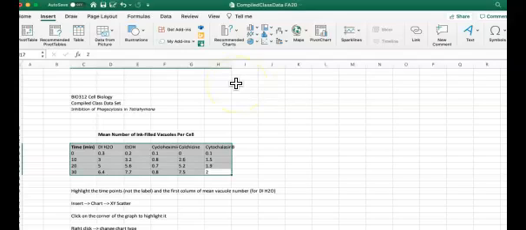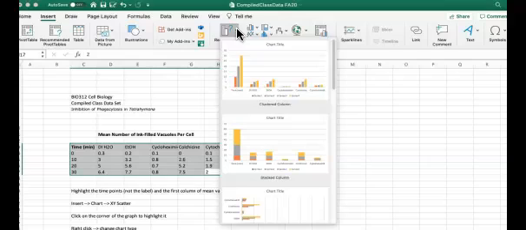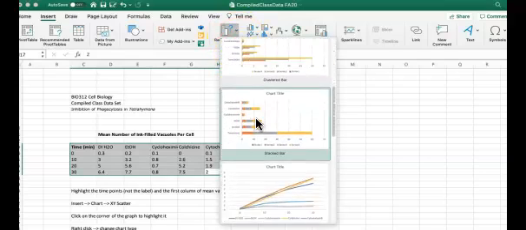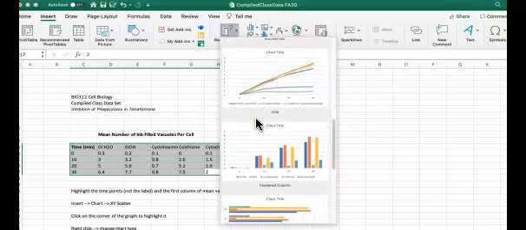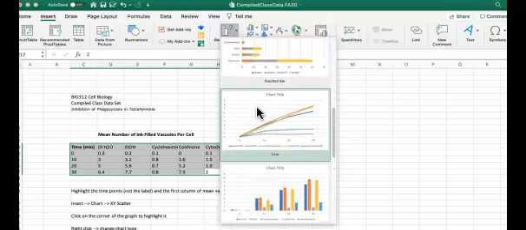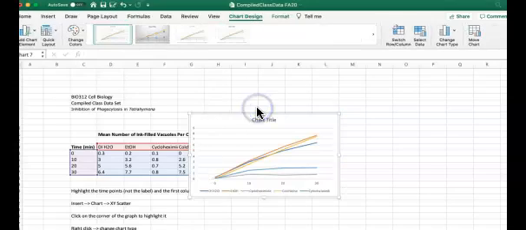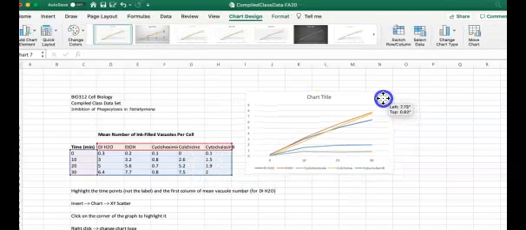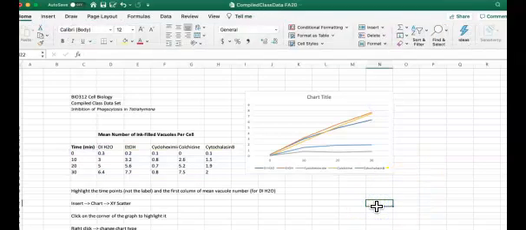Now, in my version of Excel, and your version may be slightly different, I can go up where it says Recommended Charts and click, and I can scroll down through all of these charts until I see the one that I want. And of course, this is the one that I want right here. I'm going to click on that, and there's the skeleton, at least, of my graph.